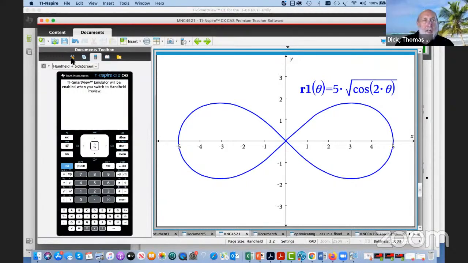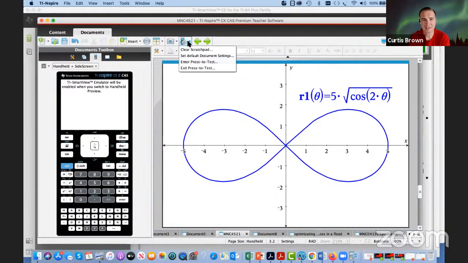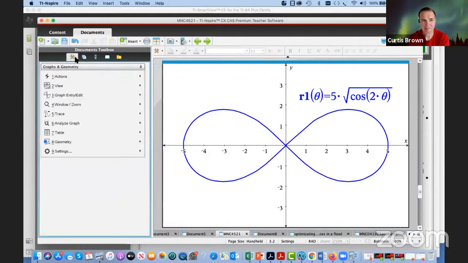Now there's a drop-down menu that looks like a toolbox or some tools, a hammer and a wrench.